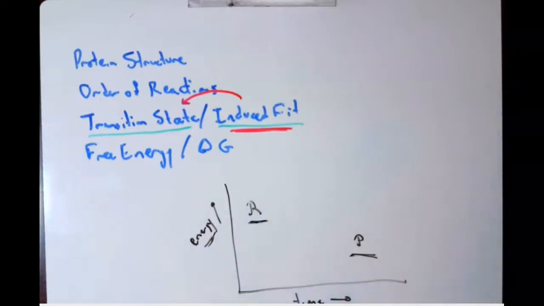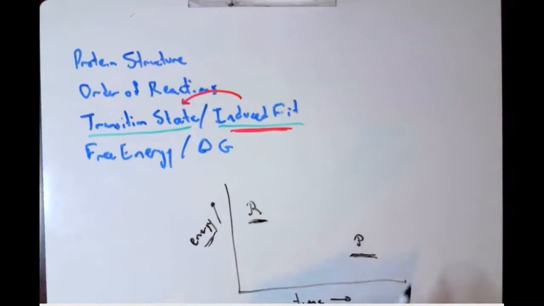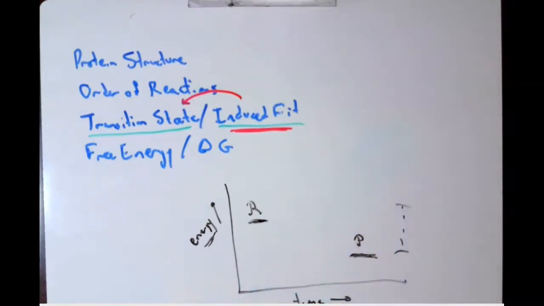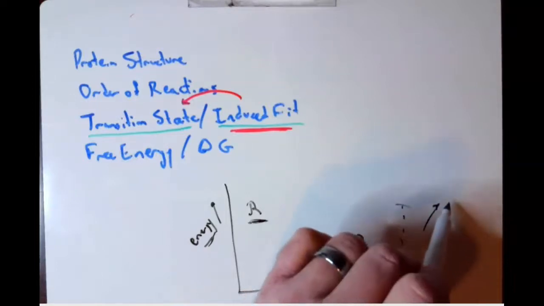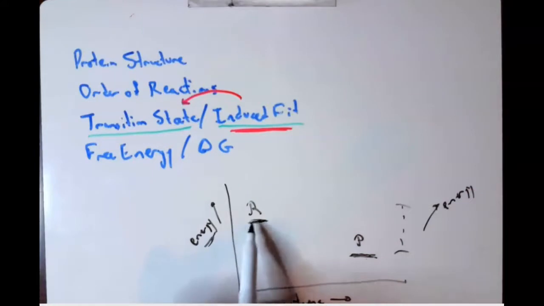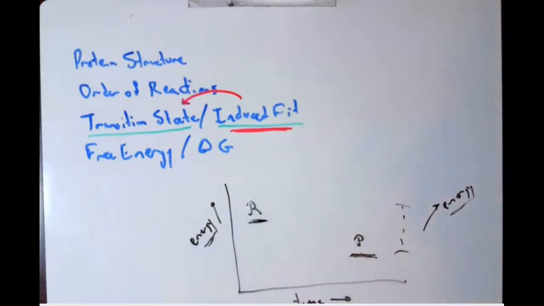And as that reaction goes forward, if you have more energy in your reactants and less energy in your products, you're going to have an energy differential. And that energy is released to the environment. Remember, less energy in the products, more energy in the reactants. That energy differential is released to the environment as heat.